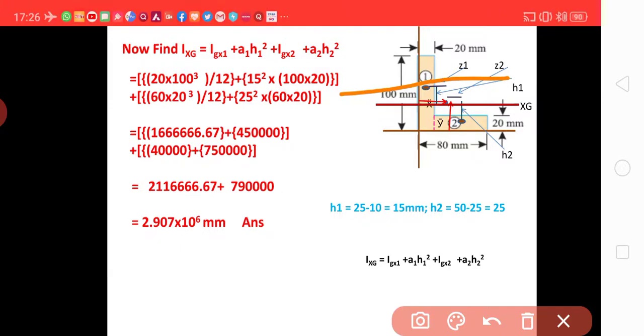Cube is done for the dimension which is perpendicular to the axis of reference. So 100 cube divided by 12, plus the square of the distance from the centroidal point, h1, which is 15 mm. So 15 square into area, 100 into 20.